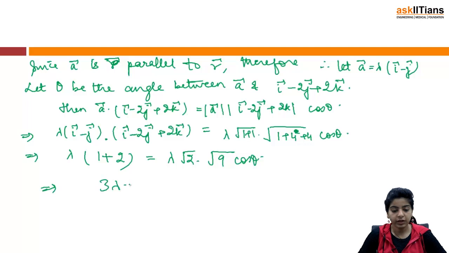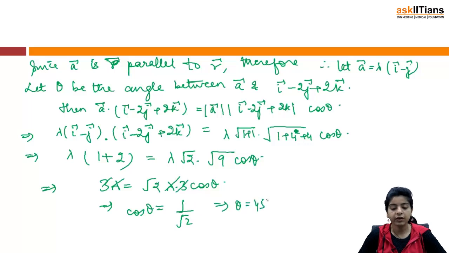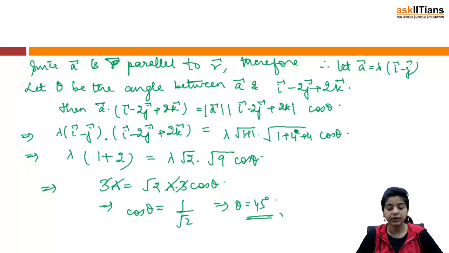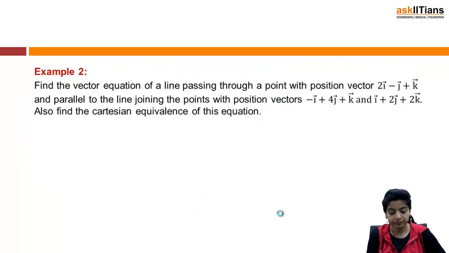This means 3 lambda is root 2 lambda 3 cos theta. So in fact lambda also gets cancelled, so I have cos theta is 1 by root 2, and therefore theta is 45 degrees. And since we were required to find out the angle between A and the given vector, we have obtained the angle as 45 degrees.